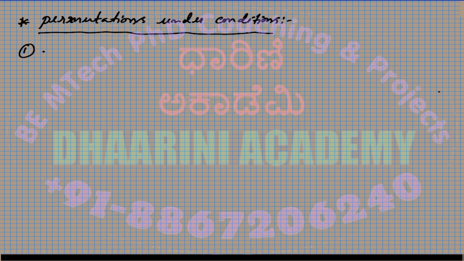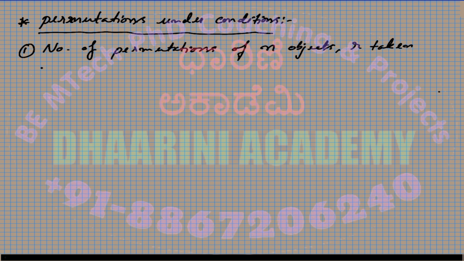Okay, this is the number of permutations of n objects taken r at a time.